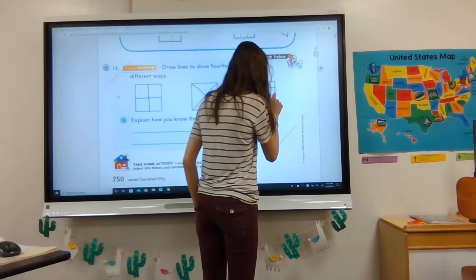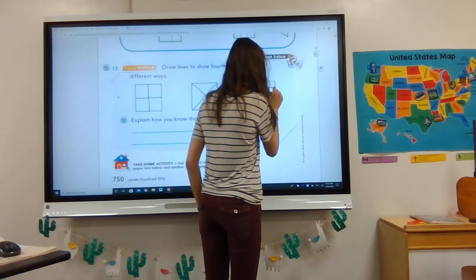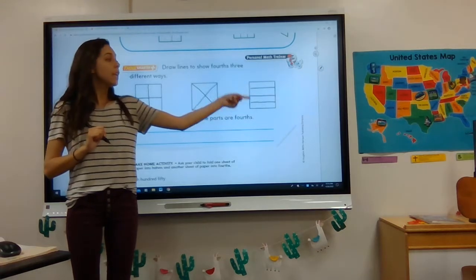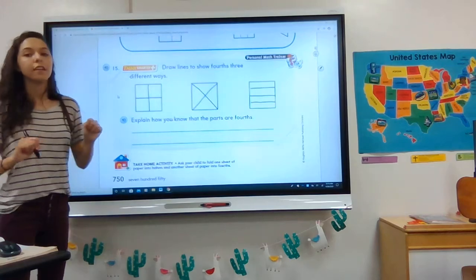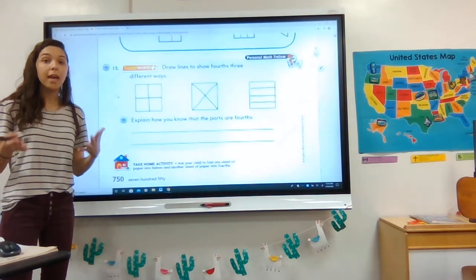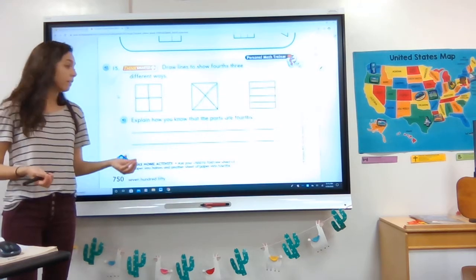I want a little bit straighter. Okay, better. Alright, so I've split this square up into 4 equal parts. These are 3 ways to show fourths, right? They're all the same equal parts, they're just shown in different ways.